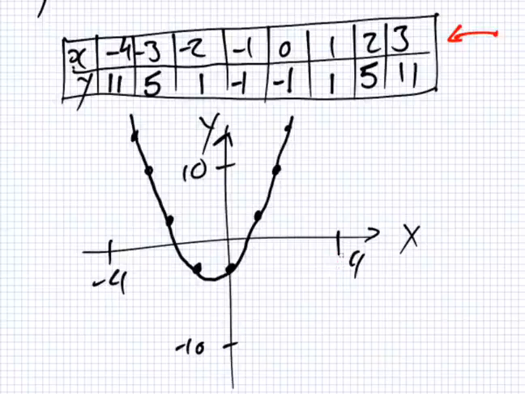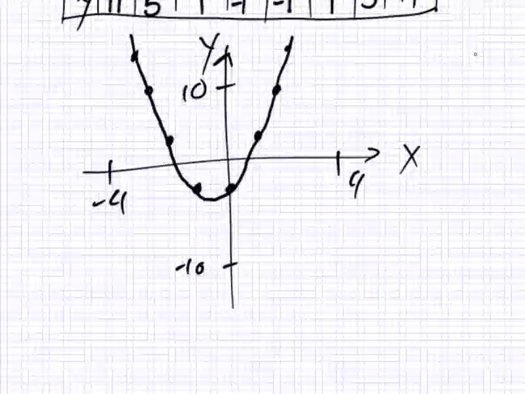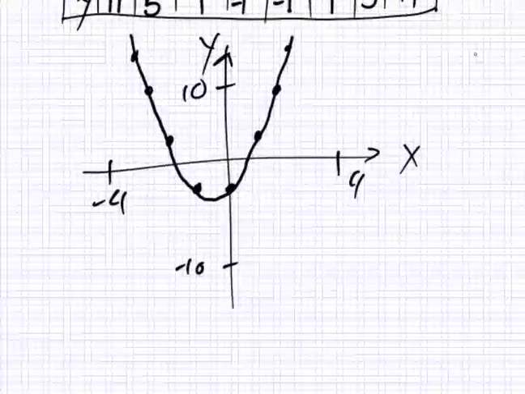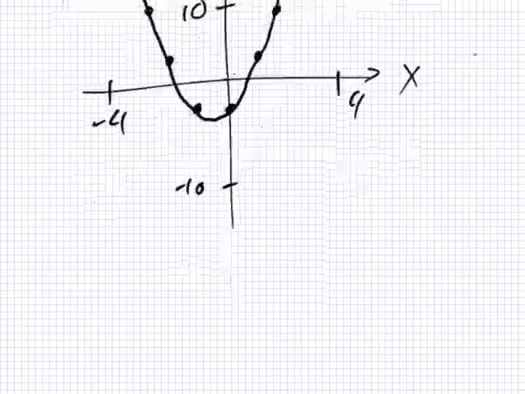Too ugly, so I try that again. 0 is minus 1 and minus 1 is also minus 1. That's the same. 1 is 1 and minus 2 is 1. So it's going to be like this, this type of graph, when you put the points on it.